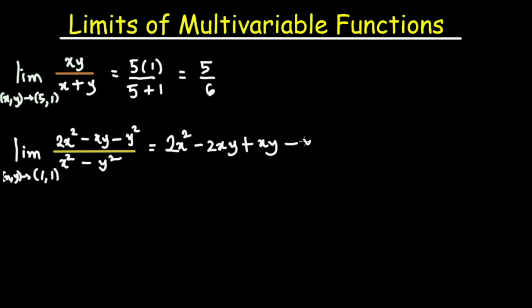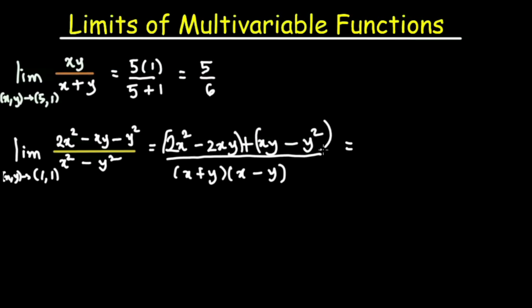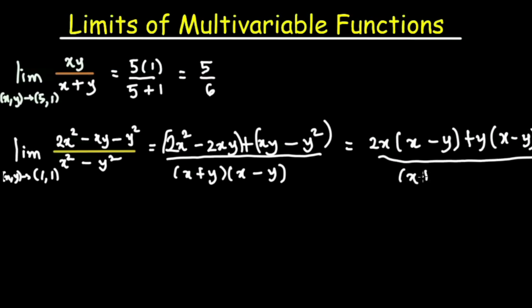Then minus y squared, divided by, I could write this in the form of a difference of two squares: x plus y, x minus y. And this will be equal to, taking the first two terms, I'm going to factorize 2x. So I'm going to have 2x into x minus y plus y into x minus y, divided by x plus y, x minus y.